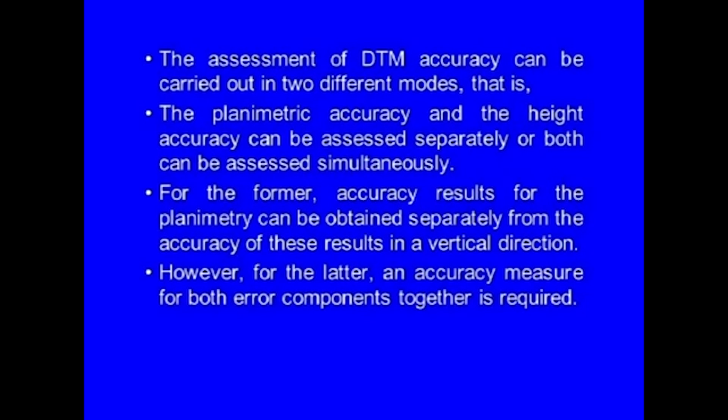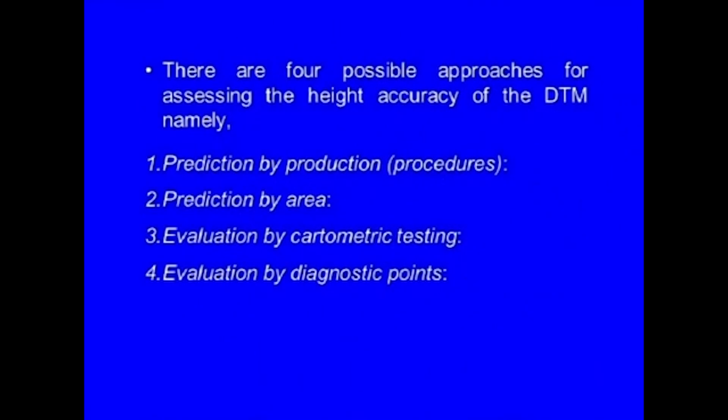However, for the latter, an accuracy measure of both error components together is required. There are four possible approaches for assessing the height accuracy of the DTM, namely prediction by production, that is the procedures used, prediction by area, prediction by cartometric testing, and evaluation by diagnostic points.